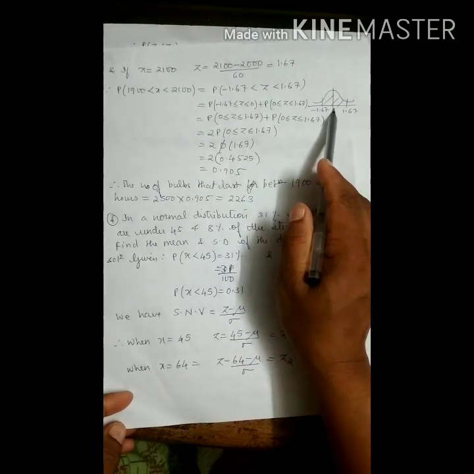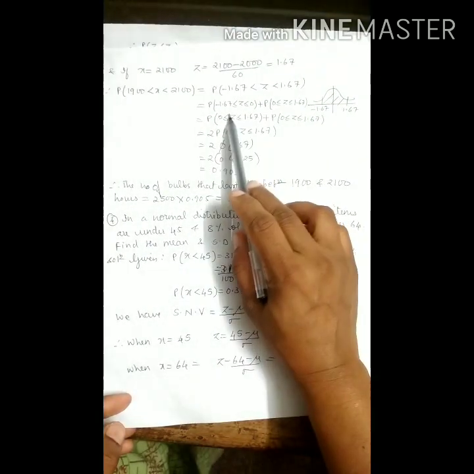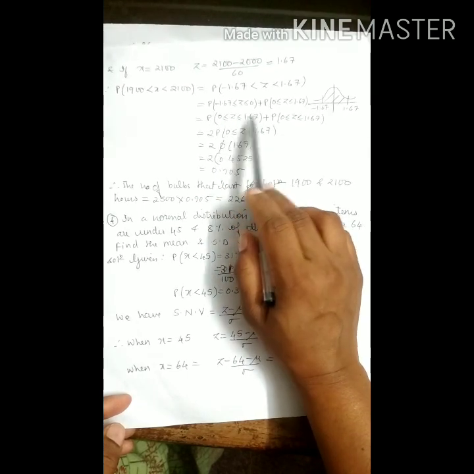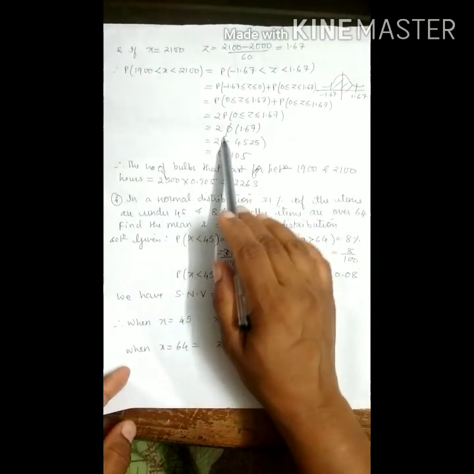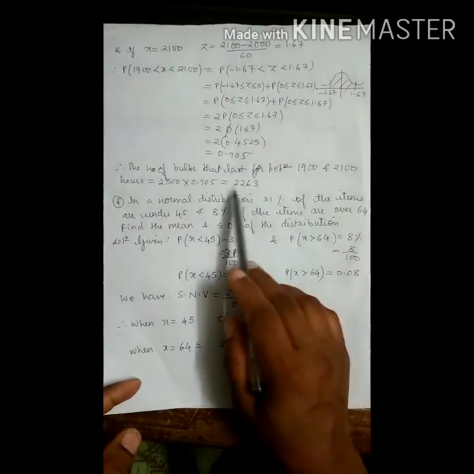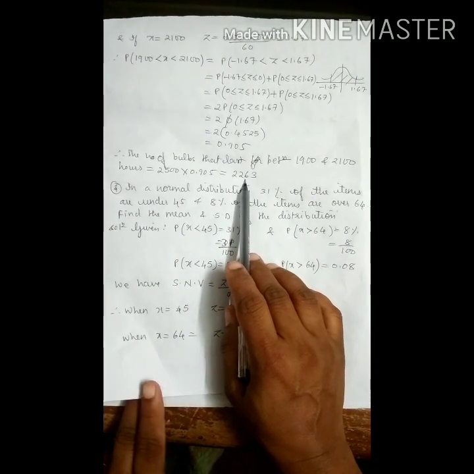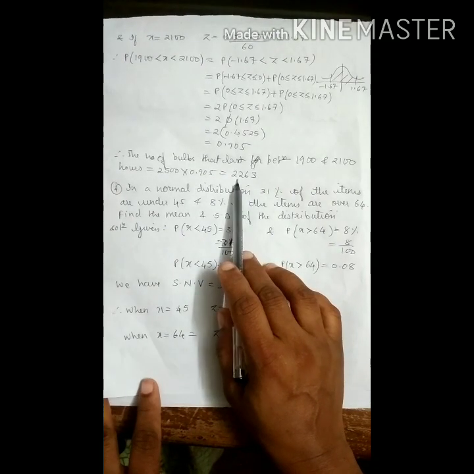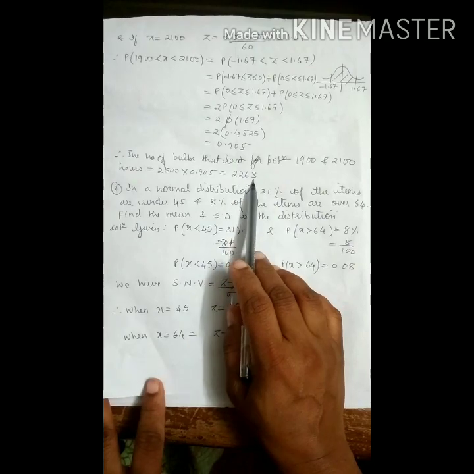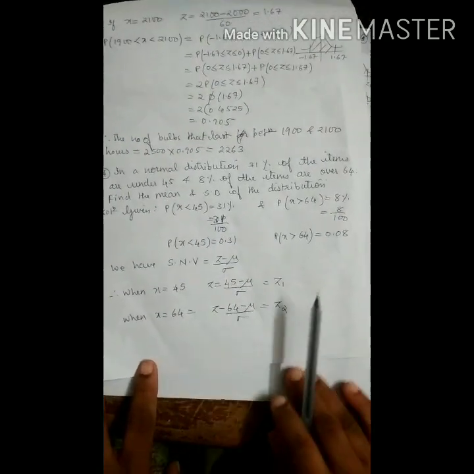From minus 1.67 to 0, and 0 to 1.67. As I told you, negative will change to positive, and both the probabilities are the same, so it will become 2 times phi of 1.67. Multiply by 2500, and that is how many bulbs will last between 1900 and 2100. It is 2263 bulbs. This also is a very important problem.